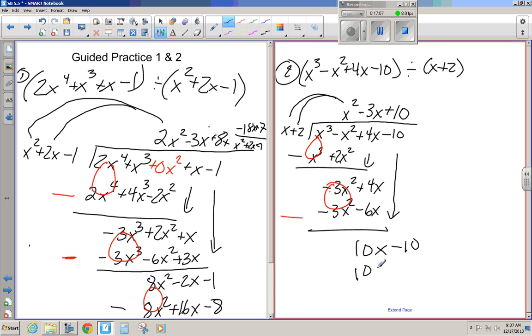When you multiply, you get 10x plus 20, which gives me a remainder of negative 30. So this is our answer plus the remainder, which is negative 30 over what you're dividing by. So this is polynomial long division.